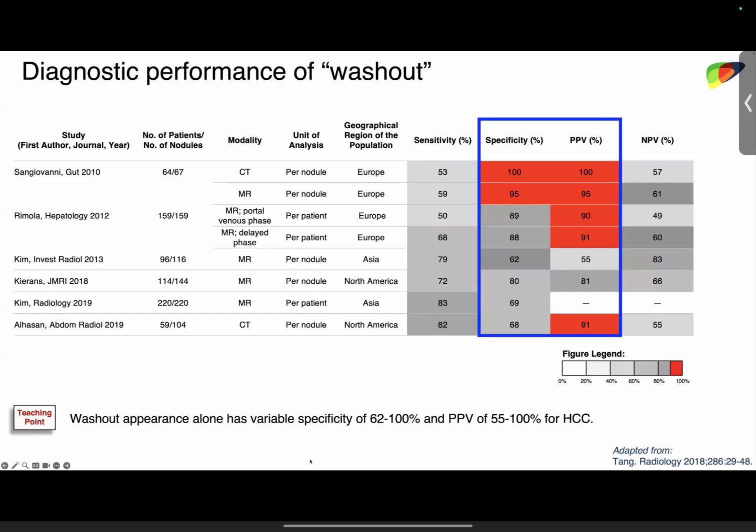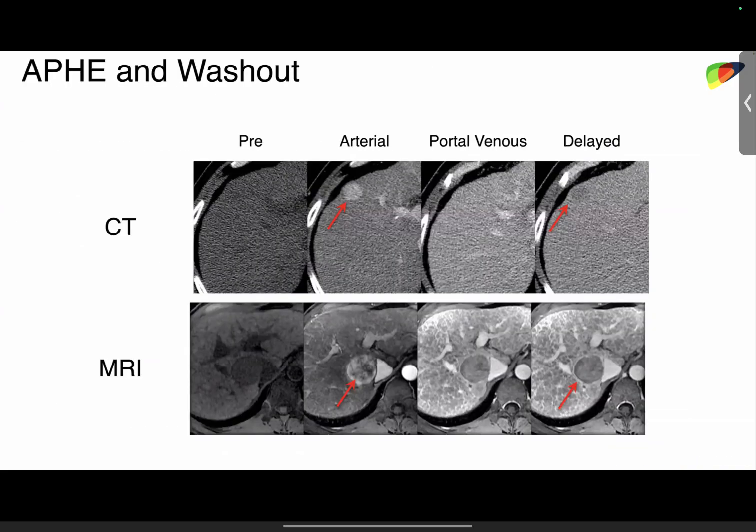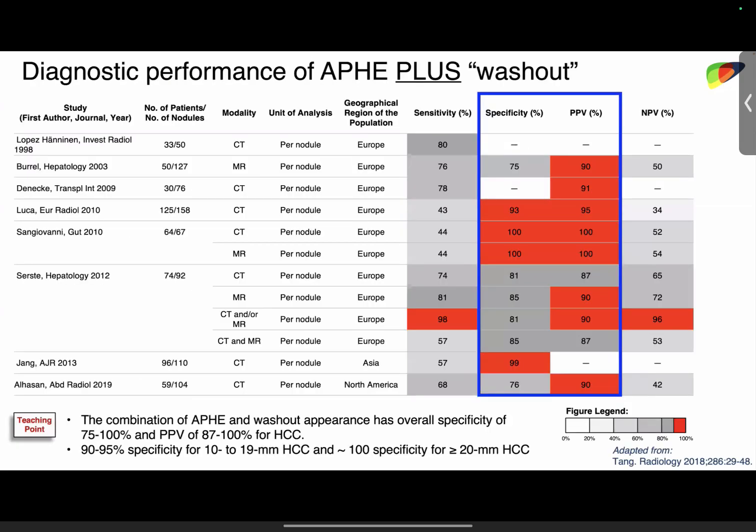For washout, the specificity is also variable, ranging from 62 to 100%, and the positive predictive value ranges from 55 to 100% for HCC. However, when we combine both of these, APHE and washout, this hallmark enhancement pattern has high specificity and high positive predictive value for the diagnosis of HCC. Overall, the specificity is in the range of 75 to 100%, and the positive predictive value is in the range of 87 to 100%.